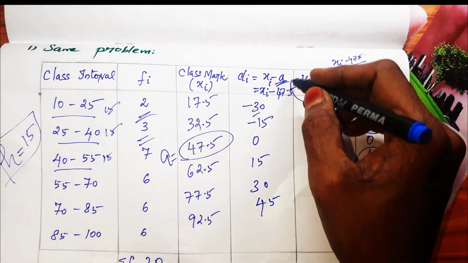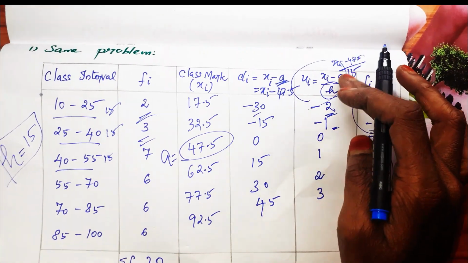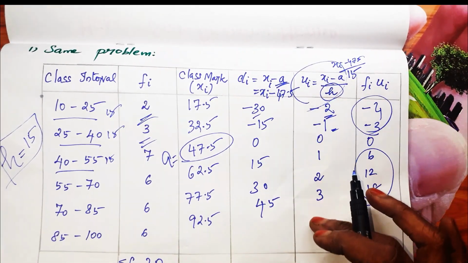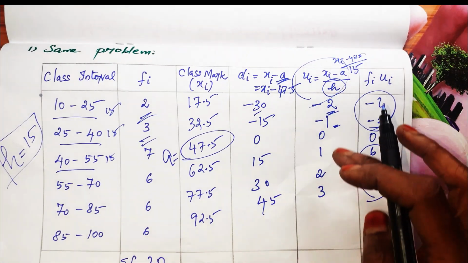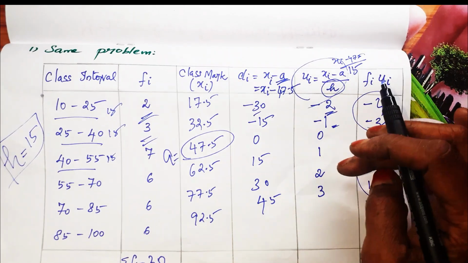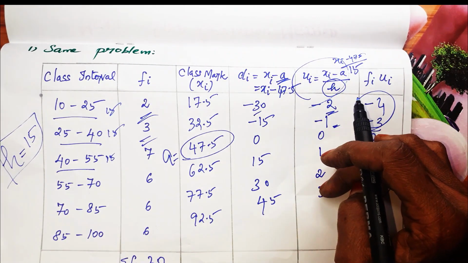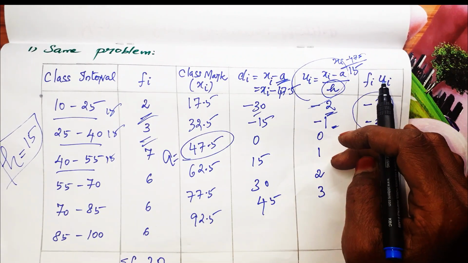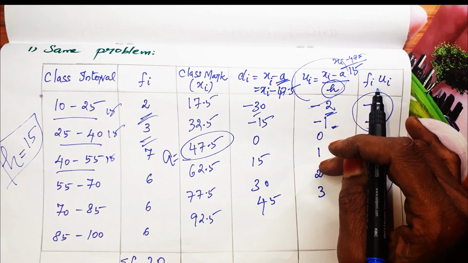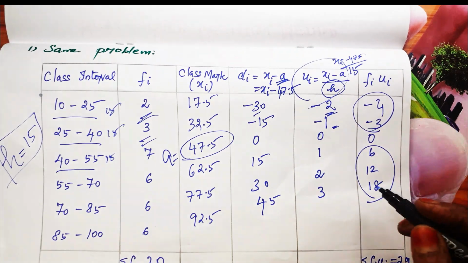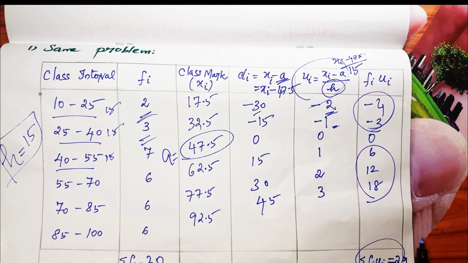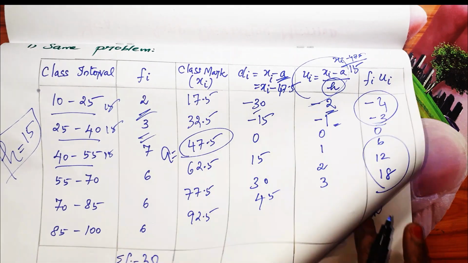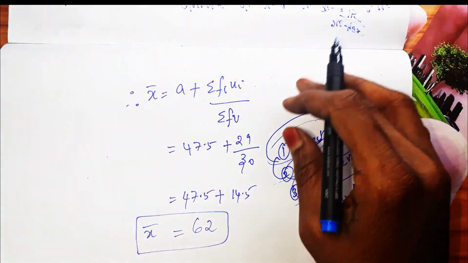Since we have reduced Xi to Xi minus A by h, all the values are single digit values. 2 values are negative sign, 3 values are positive sign. So it will reduce the total calculation. When we add, we get a smaller quantity. So here we are getting 29, and finally we are getting the answer as 62.